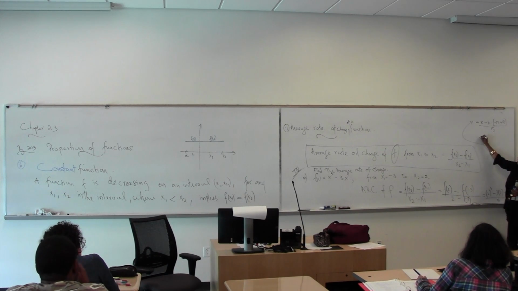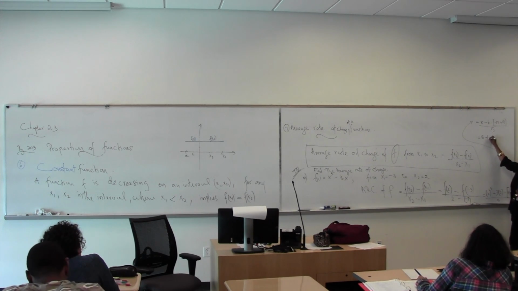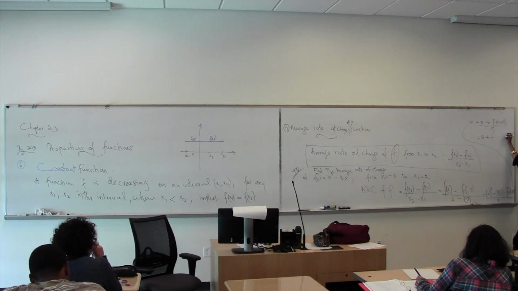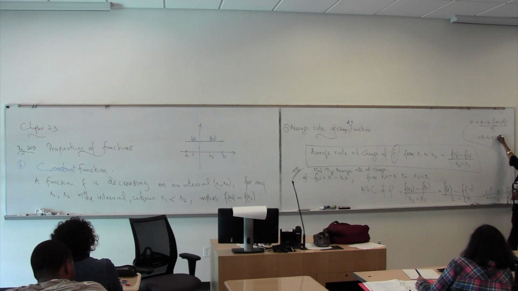So do the math correctly here. 8 minus 6 minus inside the brackets, 8 minus 8. Minus 18, minus times minus is now plus 18 over 5. What is this equal to?